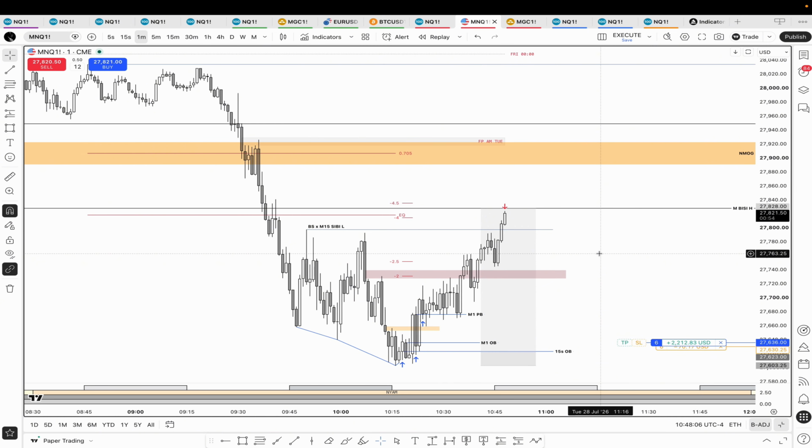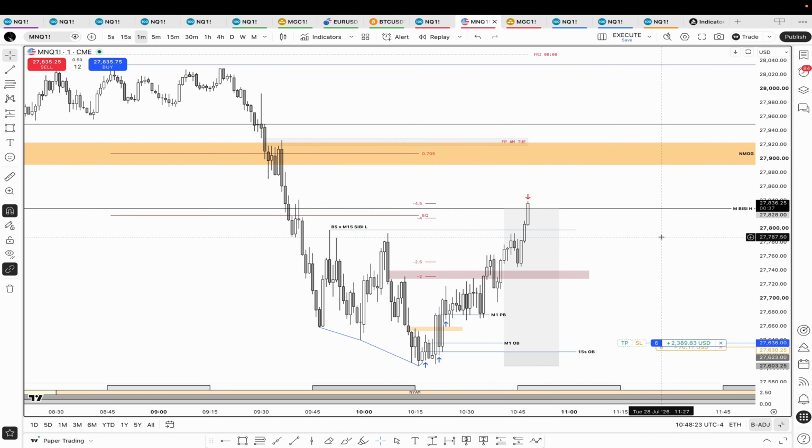And then that is the first partial for the position. So equilibrium, scaling out a majority of the position. Ultimately I was looking for the monthly BISI high, but a 10-point difference, equilibrium is worthy to scale off that position. And we can see the same candle displacing towards that monthly BISI high.